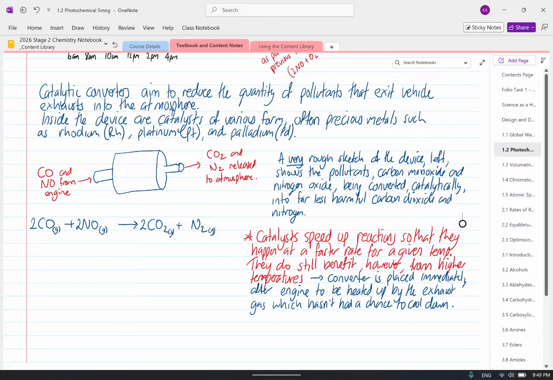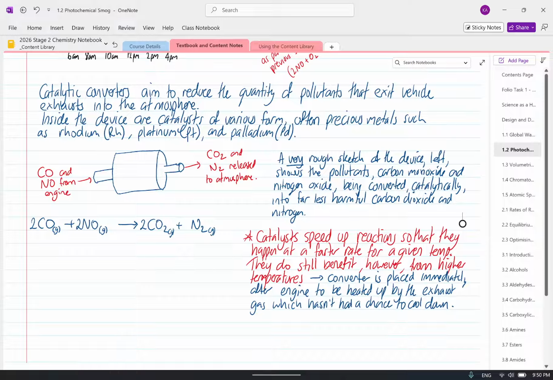If these chemicals went straight through the exhaust, they would not undergo any further reaction and would come out as pollutants. Whereas with a catalytic converter in, reactions happen that otherwise wouldn't.